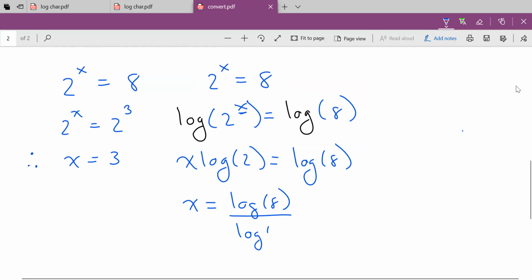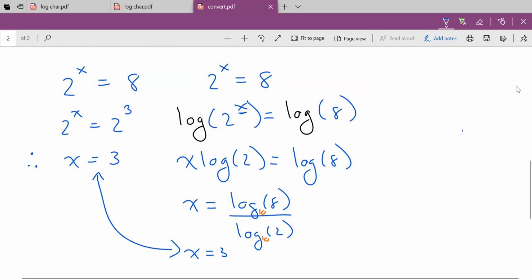And so now we can divide both sides by that value. Here we go, we can pick up our calculator and put that in, because this is base 10, a common log. You can just put that right in your calculator, and guess what? If you punch that in, you're going to get 3. Hey, that's good news. It's the exact same thing.